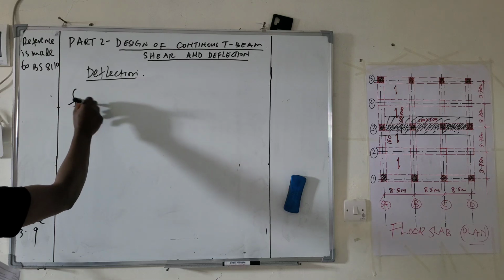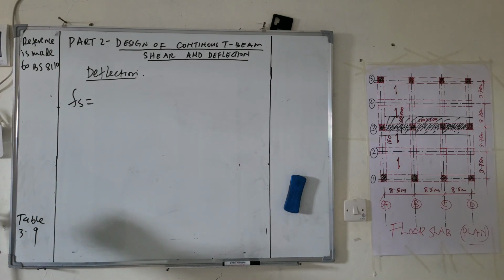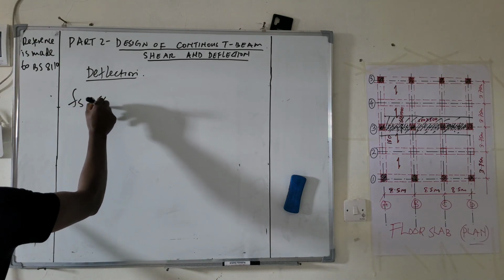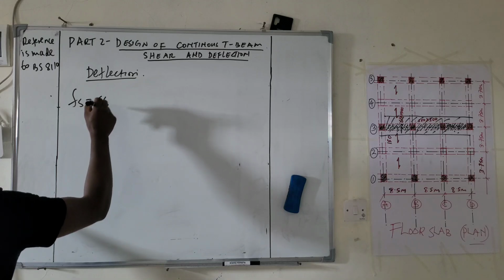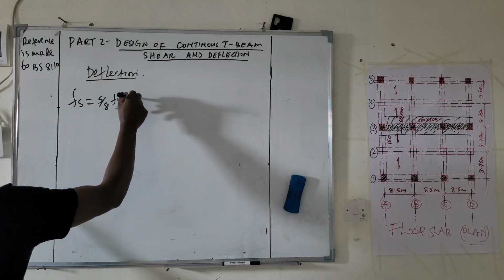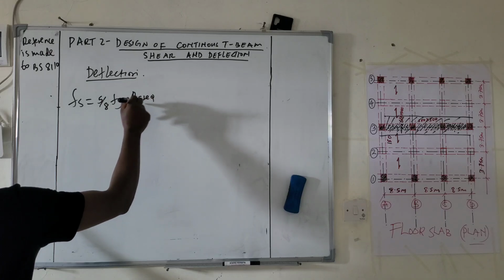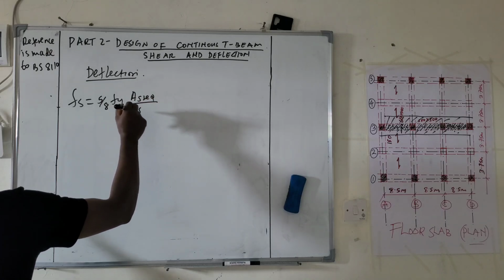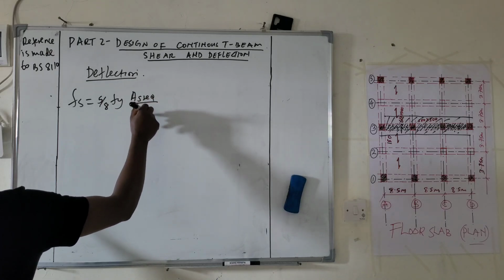So Fs, which is the service stress, is given by this formula: 5/8 Fy, area of steel required over area of steel provided.